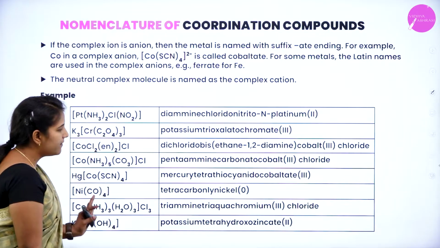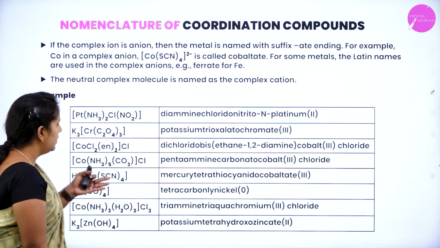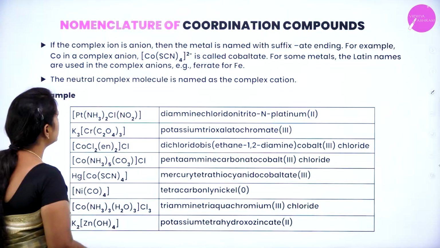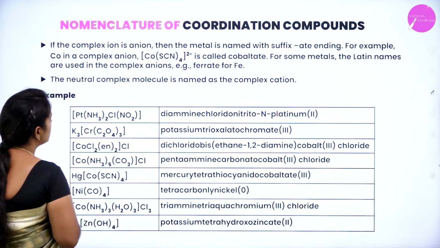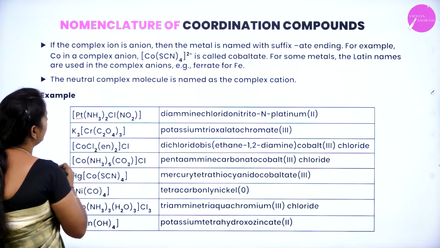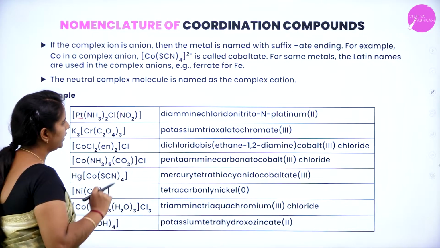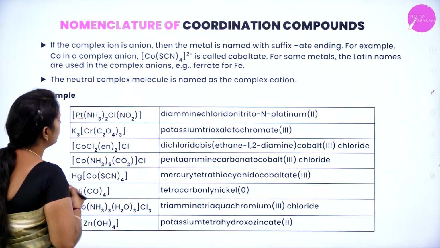Next, the neutral complex molecule is named like a complex cation. So here I have a few examples. You can see that this is a central metal atom surrounded by 3 different kinds of ligand, and they should go in alphabetical order.